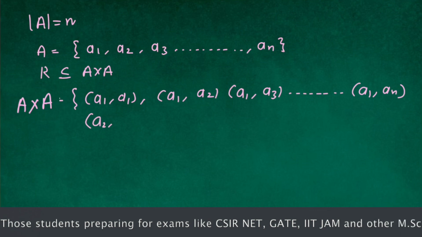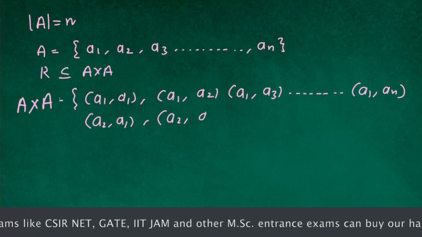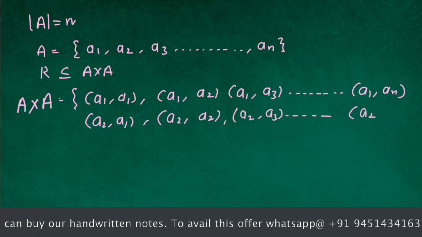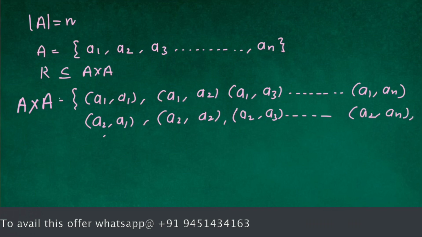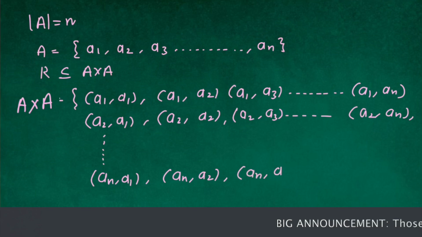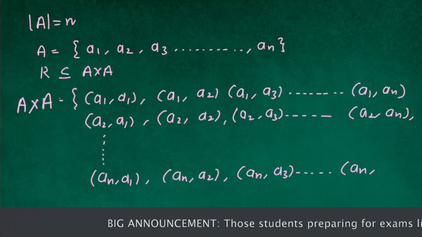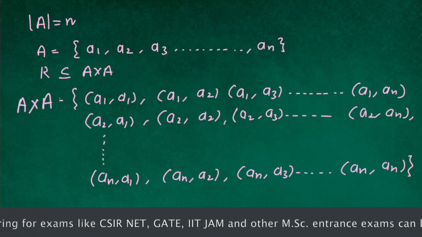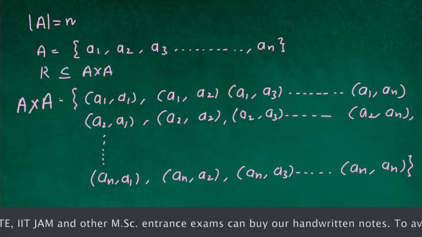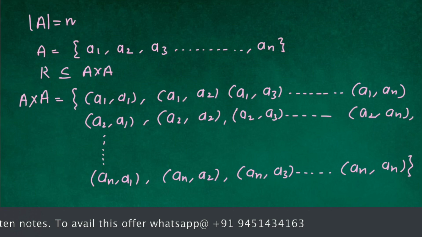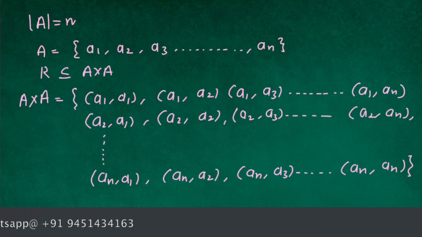Similarly, we will have (A2, A1), (A2, A2), (A2, A3) and (A2, An), and in the same manner, writing the rest of the elements, (An, A1), (An, A2), (An, A3) and (An, An). So set A cross A will have n square elements, and relation R will be a subset of this A cross A set.